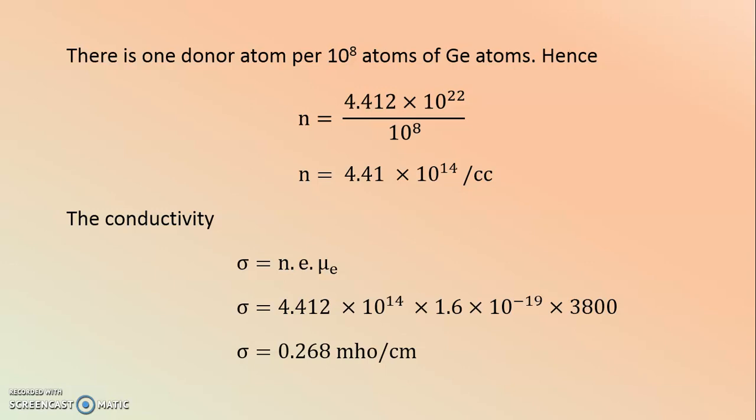And then whenever they mention how many donors there are, donors means how many atoms are actually responsible for the n type or p type semiconductor. That many atoms we should consider. Okay, so we'll see the next numerical.